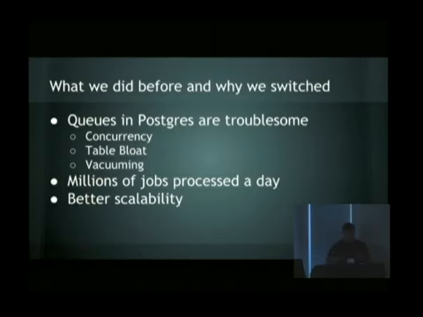It kind of worked. I mean, it worked okay, but we were getting up into the point where we were doing millions of these a day. And that began to really cause some problems with Postgres. Postgres has a lot of really good concurrency things. It has row-level locking and all this stuff.